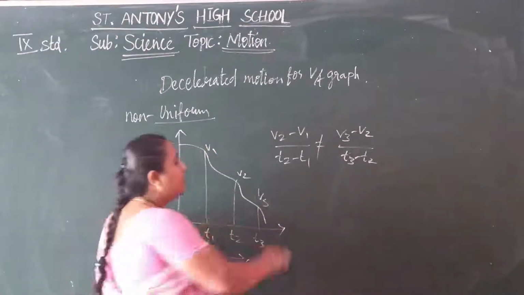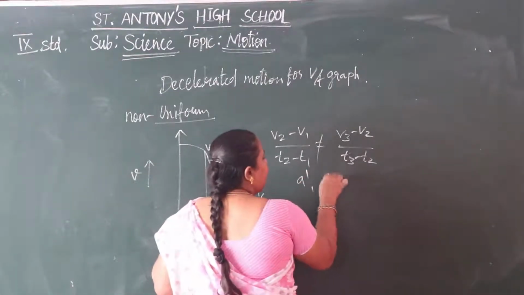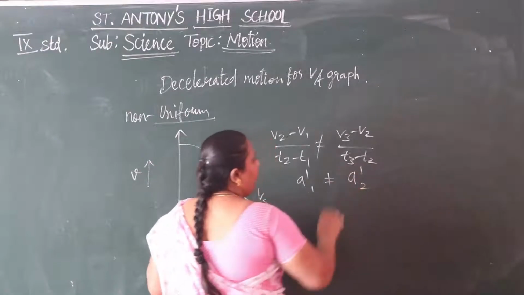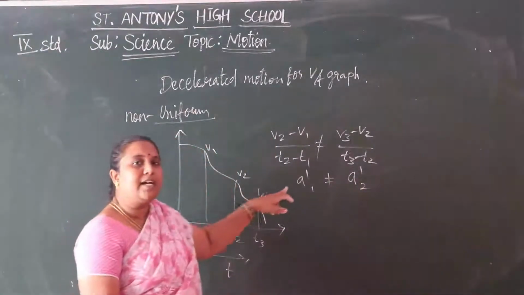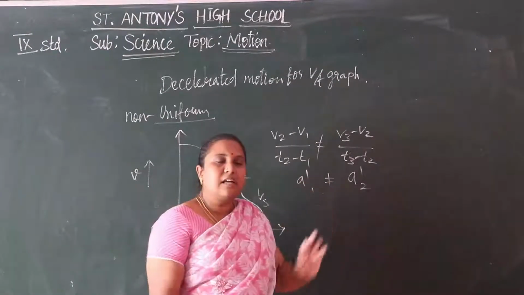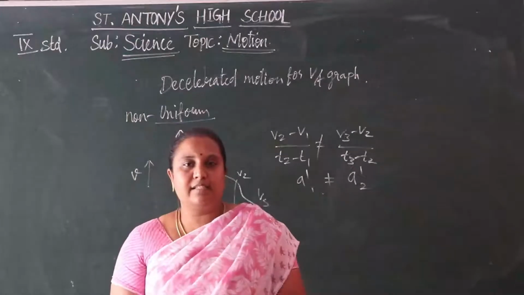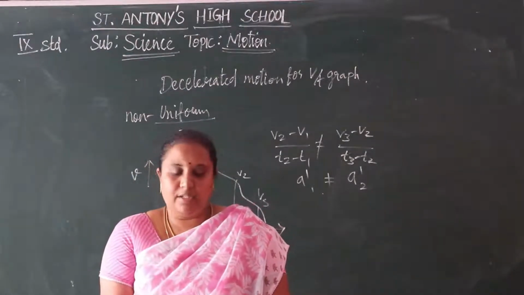So we can say acceleration A1 is not equal to A2. A dash is defined as deceleration, that is, deceleration or retardation, while A is defined as acceleration.